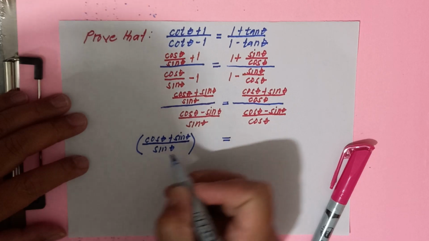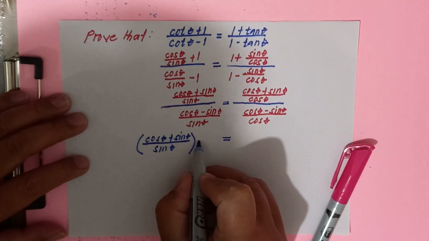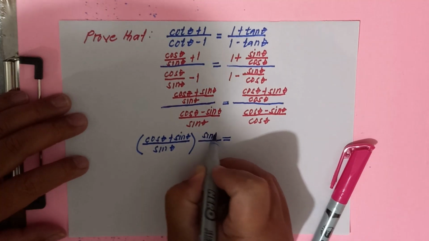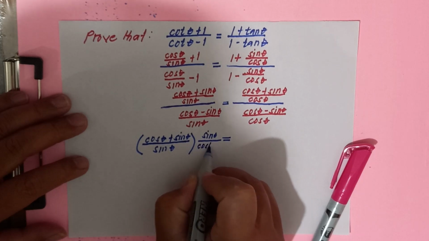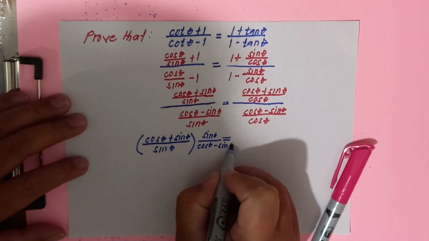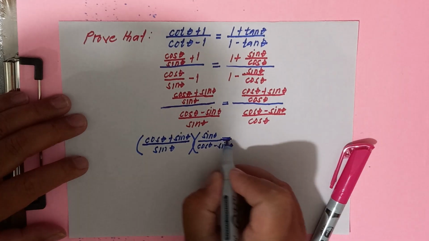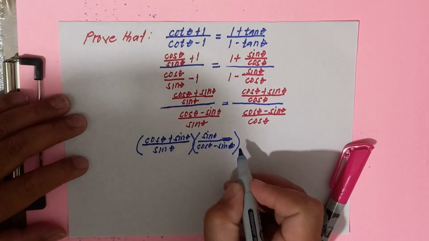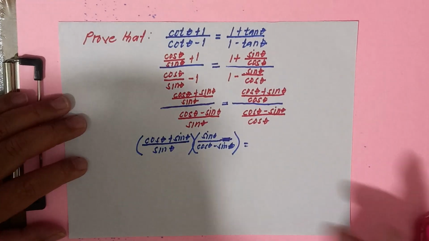Notice that when we get the reciprocal of the denominator, it will give you sine theta over cosine theta minus sine theta.